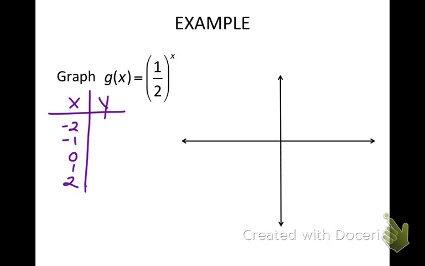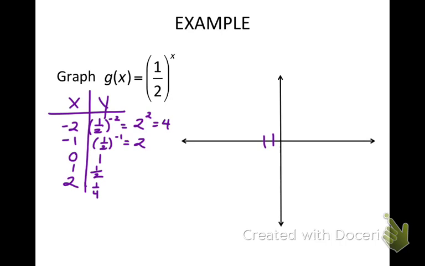Now think about it. 1/2 to the -2, to make that positive, we flip the reciprocal, which would be 2 squared, which would be 4. So 1/2 to the -1 would be 2. 1/2 to the 0 will be 1. 1/2 to the 1 is 1/2. 1/2 squared is 1/4.